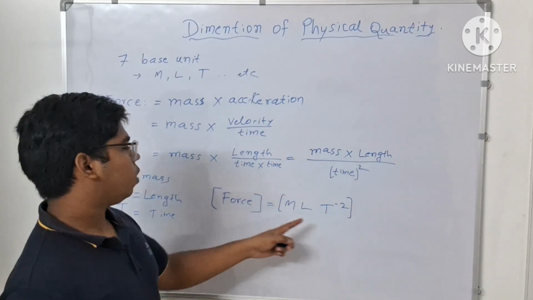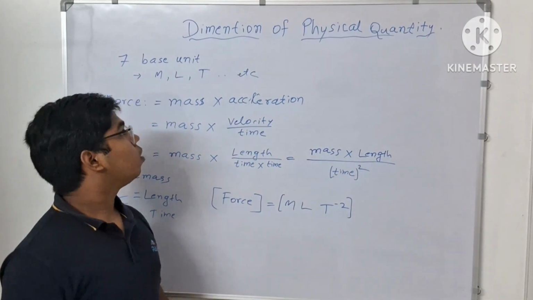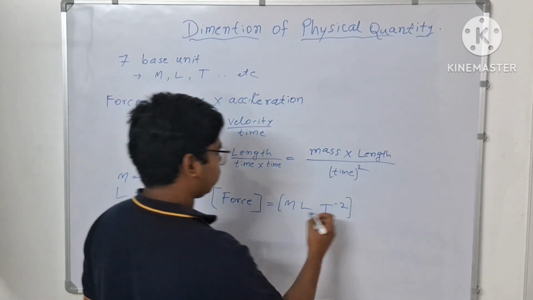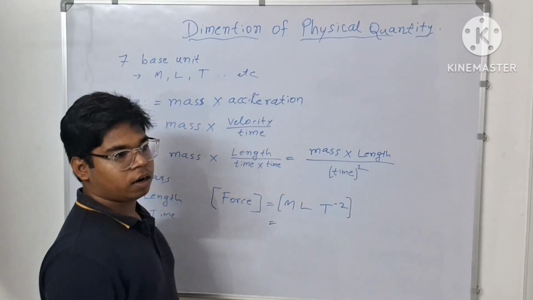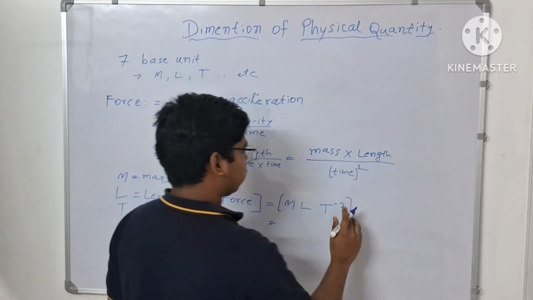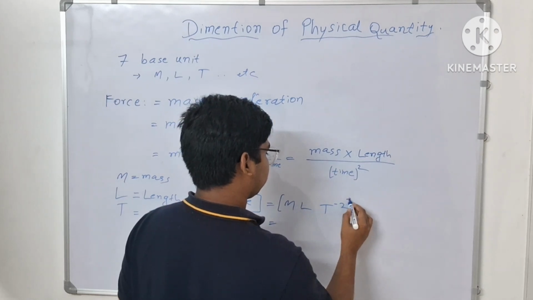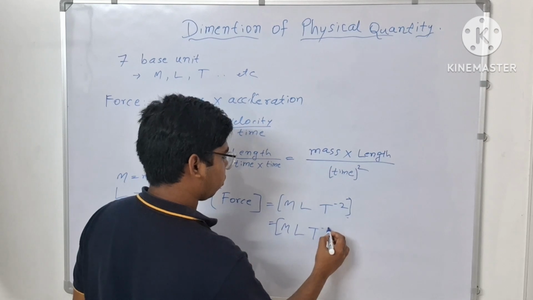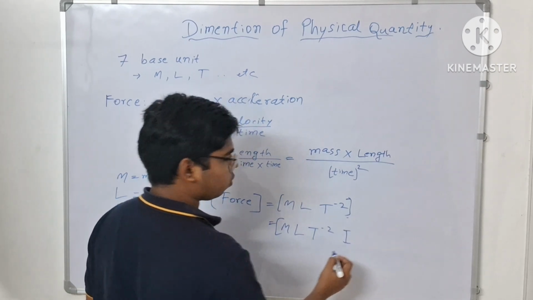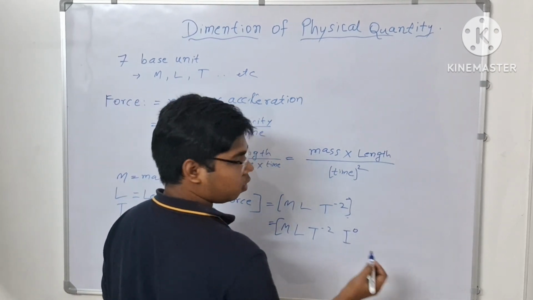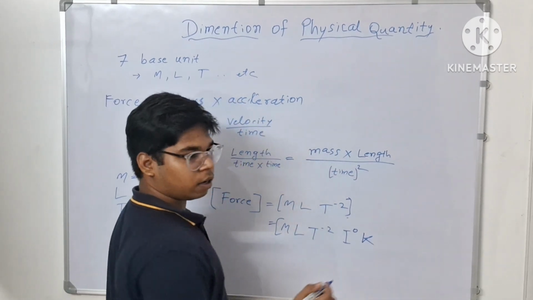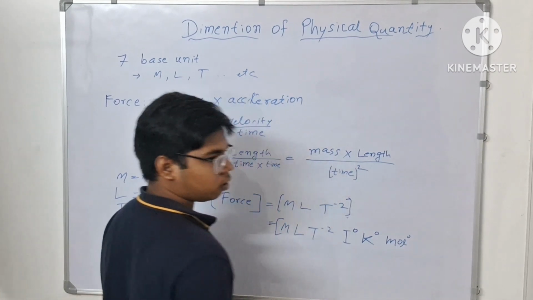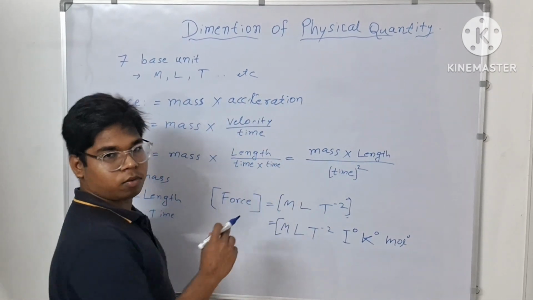So in force there are only 3 base units, but as we have 7 base units, all the other base units like current and temperature we can also write: M, L, T power minus 2, I for current power 0, K for temperature Kelvin power 0, similarly mole power 0, because these base quantities are not present in force.